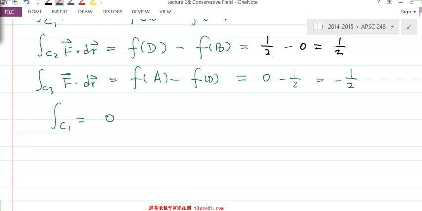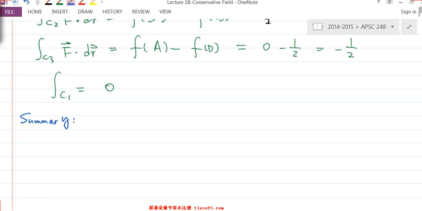Now let's do a little summary of it here, okay? Those are important properties that we need to bear in mind. Some of the properties we'll revisit when we go into the last few lectures. So number 1, the summary is that we have 4 equivalent statements, or you can call that property or theorem, it doesn't matter.